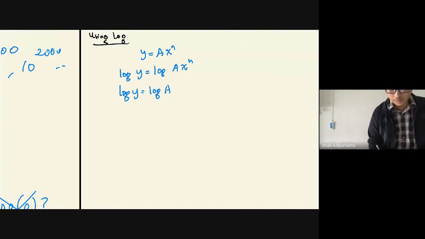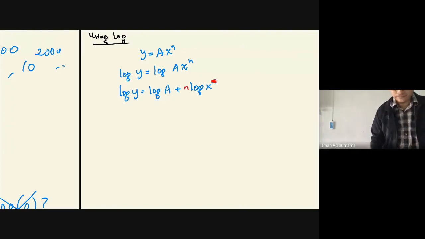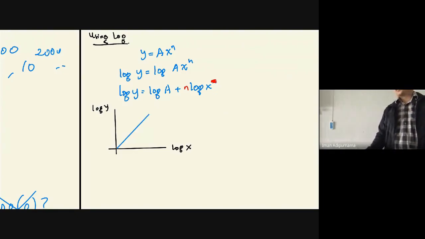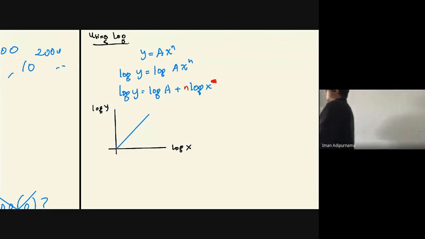So log a plus n log x, and I will move the n here. Basically, if this is log x and this is log y, practically we just have a linear function, which is much easier to find.